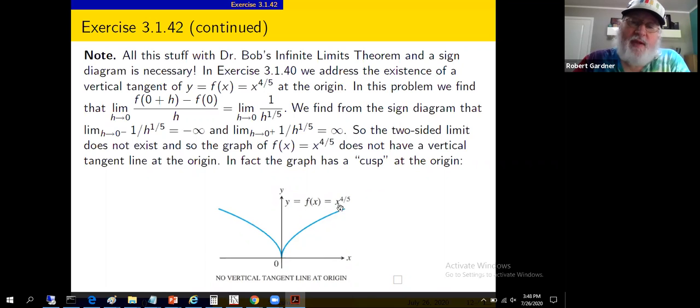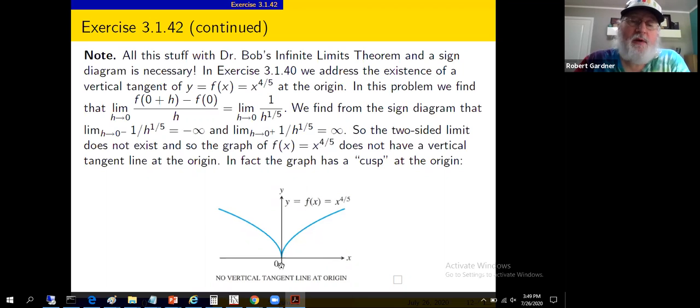If I were to do the same thing from the other side, take the origin and a point on the curve somewhere close to the origin, we'd get a steep line with a positive slope. So as we approach 0 from the positive side, those lines keep getting steeper and steeper with positive slope. That's the reason the limit as h approaches 0 from the positive side is positive infinity.